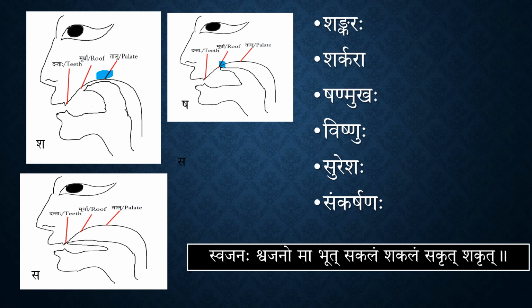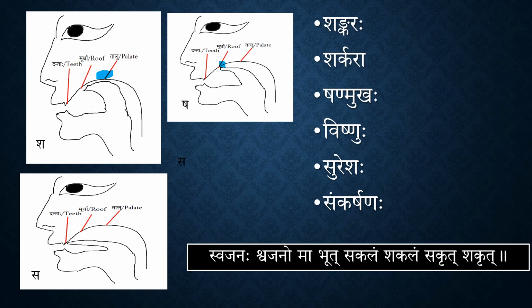Sha as in Shankara, Shanmukha. If you try to pronounce Shankara with the murdhanya sha, how does it sound? There is a difference. If it is talavya sha, that is the right way to pronounce Shankara. If you use murdhanya, it becomes something else.